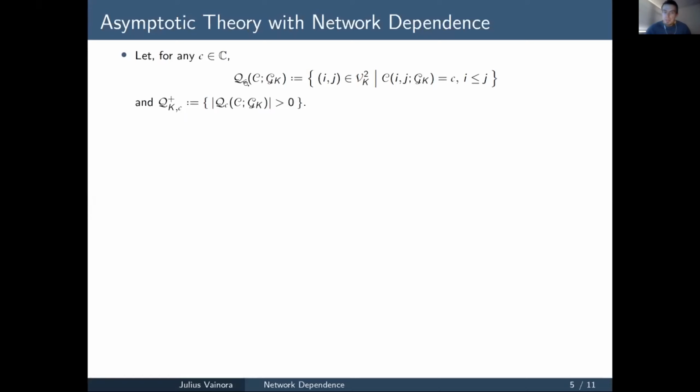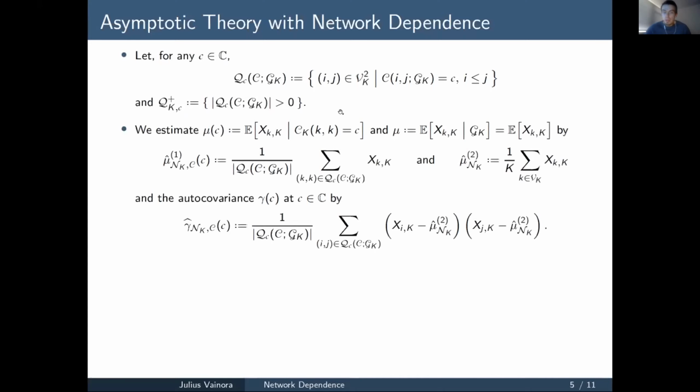Then Q_C is the set of such pairs of entities ij that have this class C. This corresponds, in a way, to n, when we have 1 over n in the sample mean. So that's our subsample that we will be interested in. And let's define one event, saying that the class size, that is the cardinality of this set, is positive.